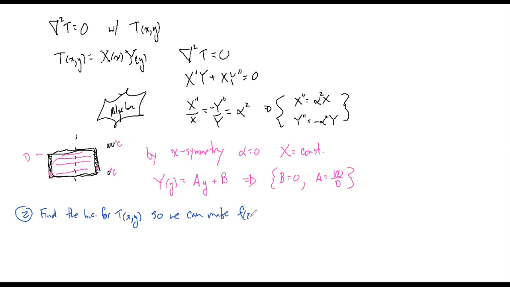So we can make something that is a function, analytic functions map analytic functions to analytic functions. So we need to start with something that is analytic. So we do need to find the harmonic conjugate of t. And you guys know how to do that. I'll just do it really quickly. So du dx equals dv dy, where this is really dt dx equals d, whatever we want to call the harmonic conjugate.